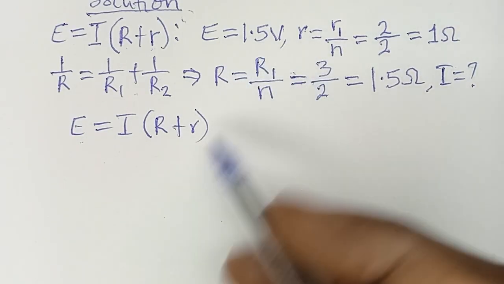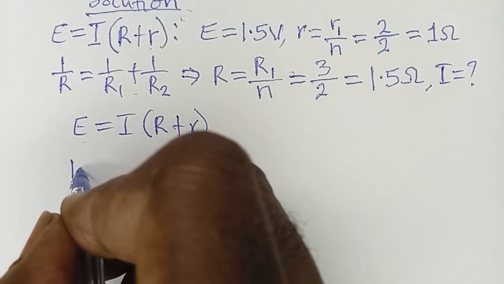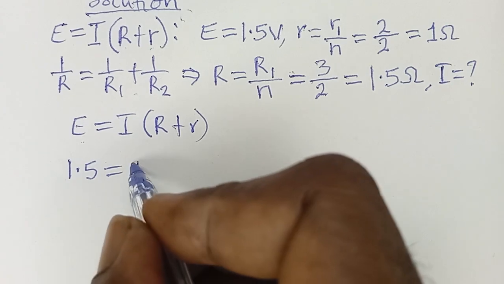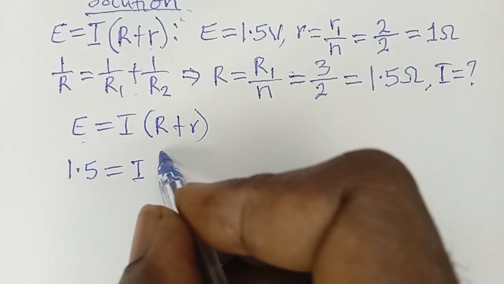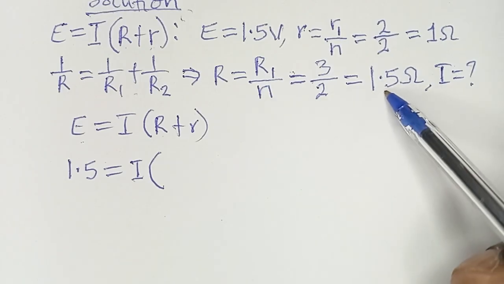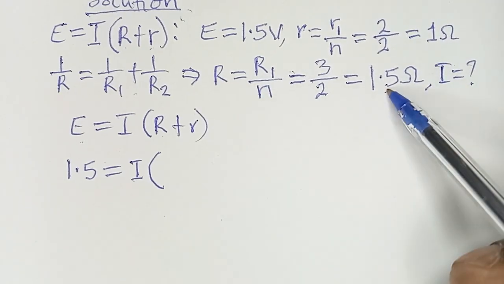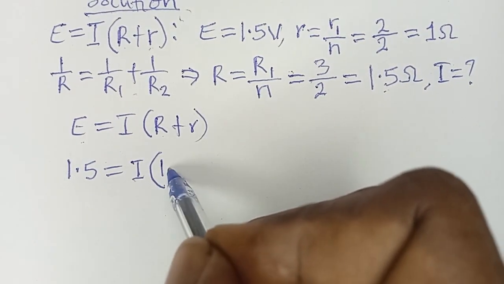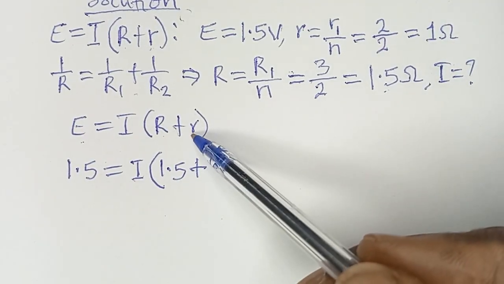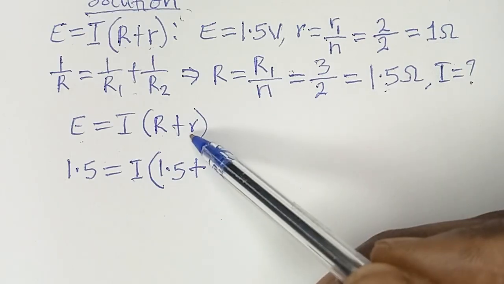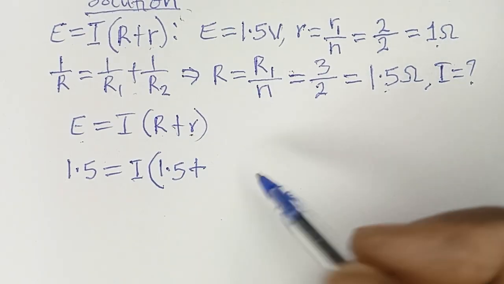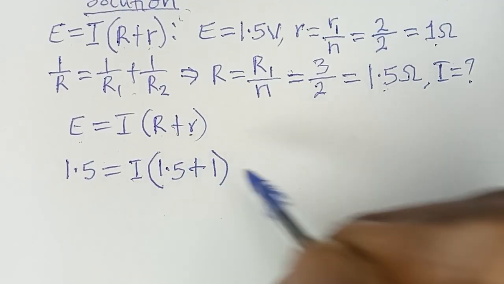So I take 1.5, our combined EMF, equal to the current we're looking for, capital letter I, multiplied by the effective external resistance, which is 1.5, added to the effective internal resistance, which is 1 ohm. So we say plus 1.